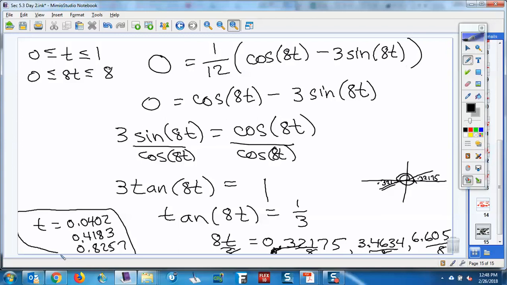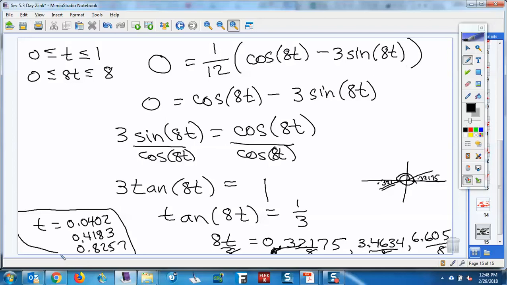It says a weight is oscillating, where y is a displacement. So we just pulled it down, let it go. It was at the equilibrium point, it passed it going this way, and then came back down, passed it again, came back up, passed it again. It hit it 3 times in the time period 0 to 1.